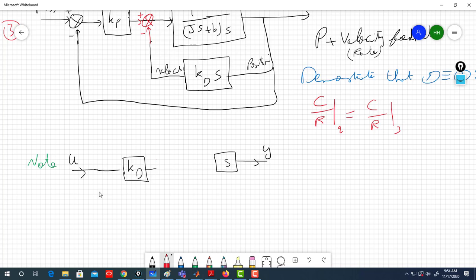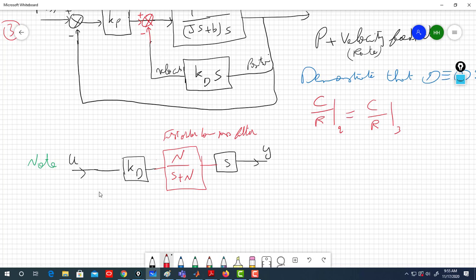In practice, we put N over S plus N. What is this, S plus N over S plus N? Could you remind me? It's a filter. It's a first order low pass filter.